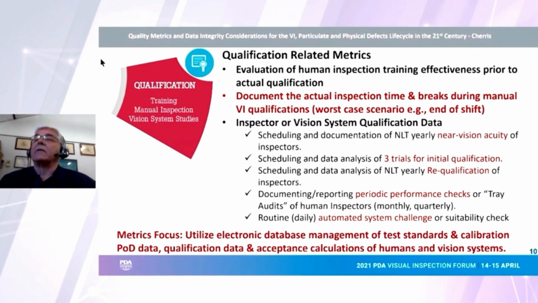The scheduling and data analysis of requalifications on not less than a yearly basis, documentation and reporting periodic performance checks, tray audits of human inspectors conducted monthly or quarterly, and then the routine daily automated system challenges or pseudo stability checks for automated systems. So your metrics focus in the qualification area is to utilize electronic database management of test standards and calibration POD data, qualification data, and acceptance calculations of human and vision systems.